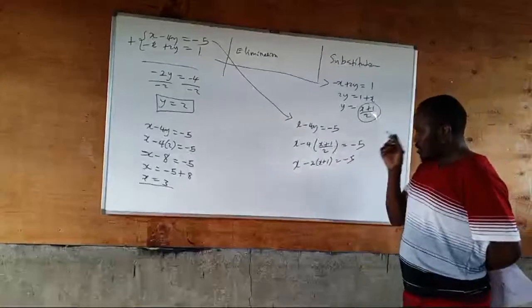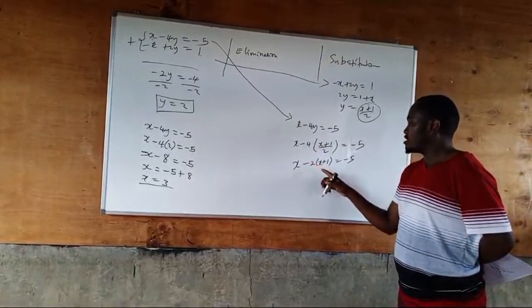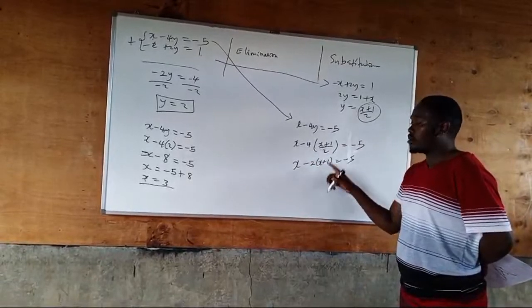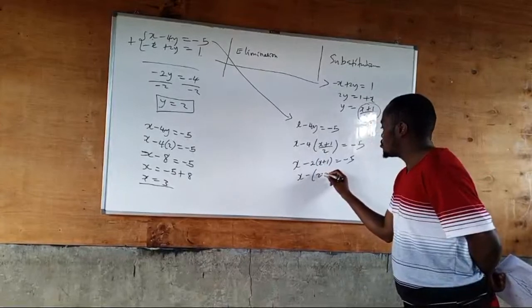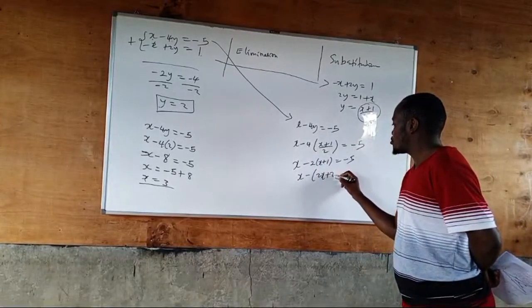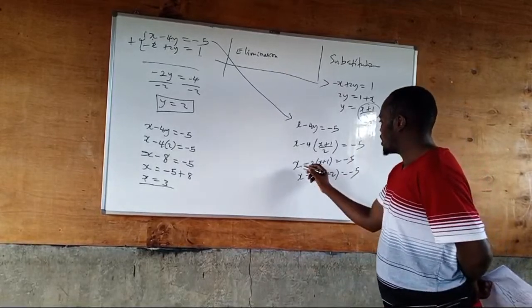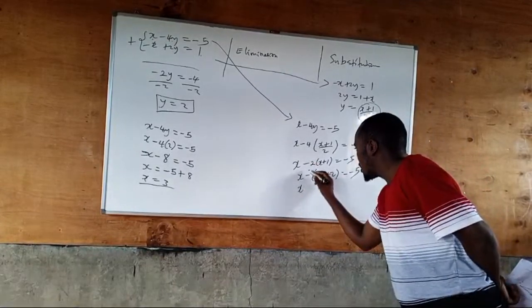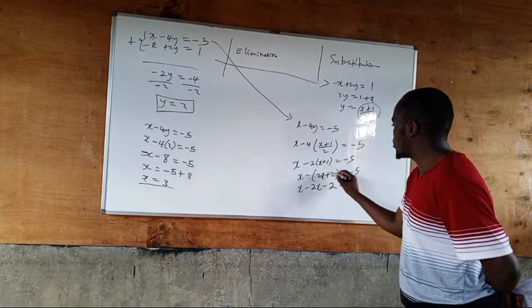Now, if you decide to open the bracket, bila negative, make sure about your bracket. That means that I get 2x plus 2 equals negative 5. Finally, if I equal to, I'm going to direct x minus 2x minus 2. Hata sasa hivi kifungua.